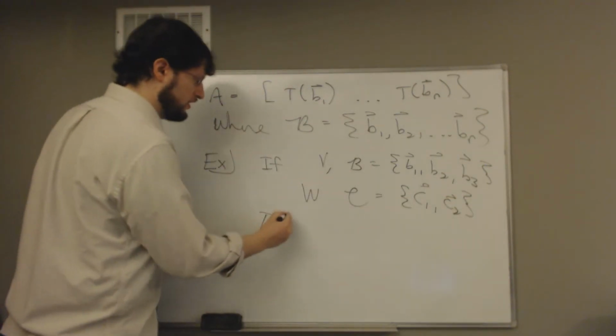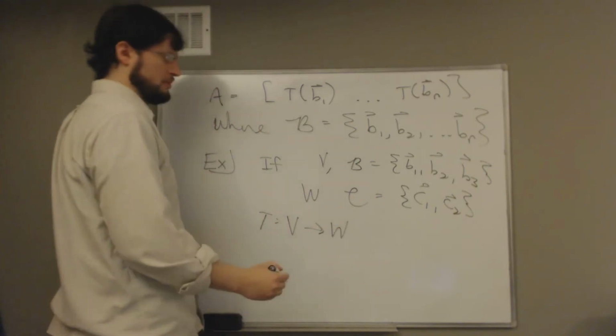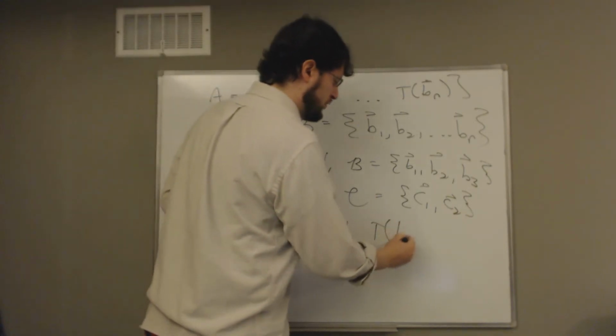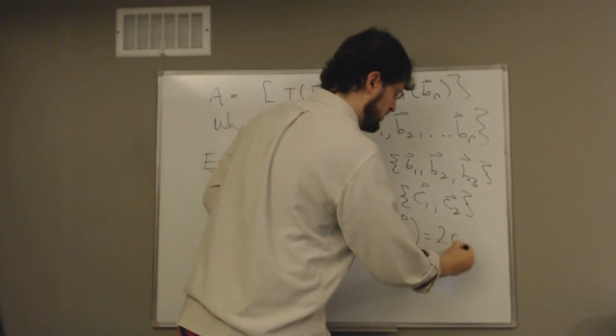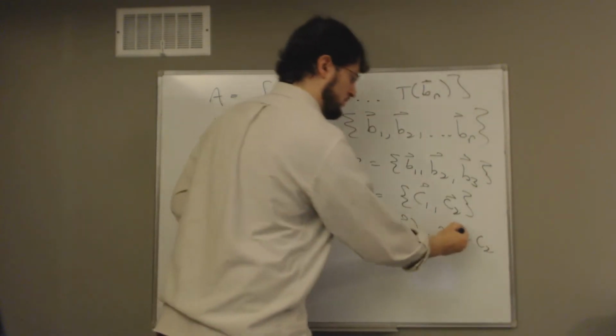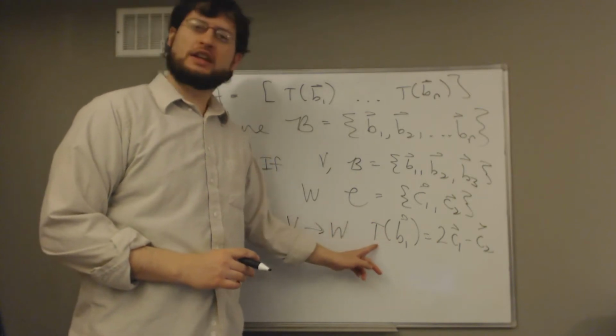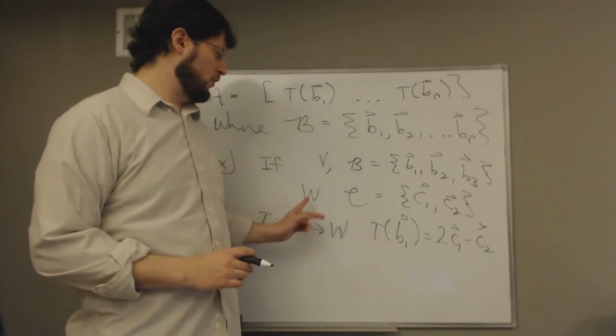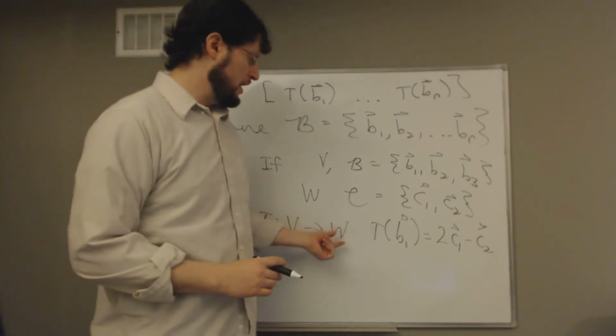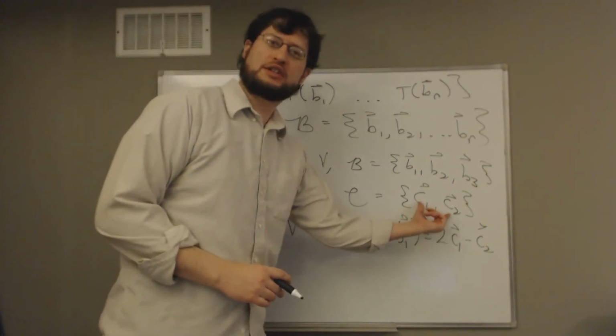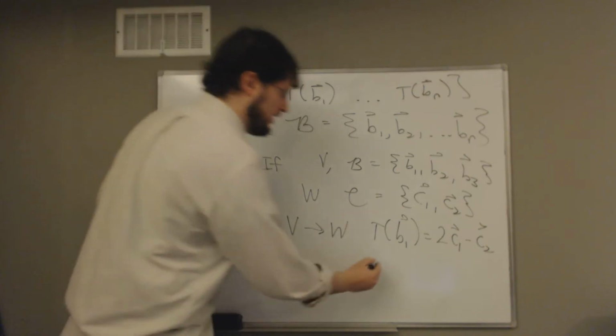Suppose T is a linear transformation from V to W, and T of B1 is 2C1 minus C2. So once I put B1 into T, I end up over in W, and anything in W is a linear combination of C1 and C2.